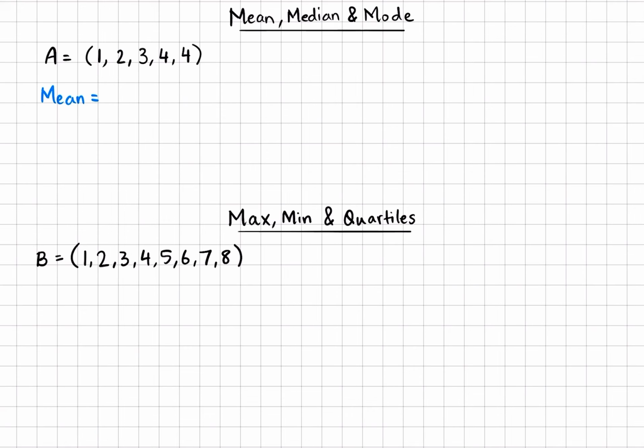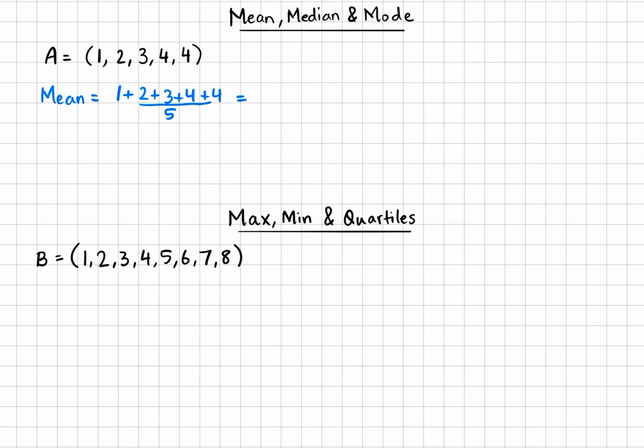So the mean would be adding all of them, 1 plus 2 plus 3 plus 4 plus 4, and then dividing that sum by the total number of data points. Okay, so the number of data points is 5. We have 5 data points here. So we're dividing the sum of their values by how many there are.